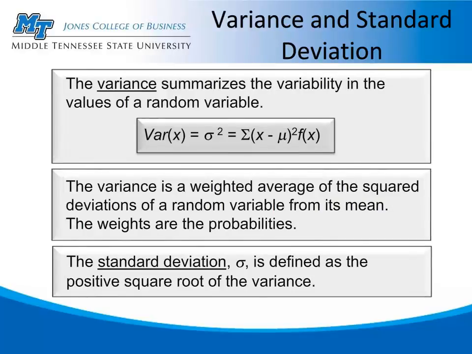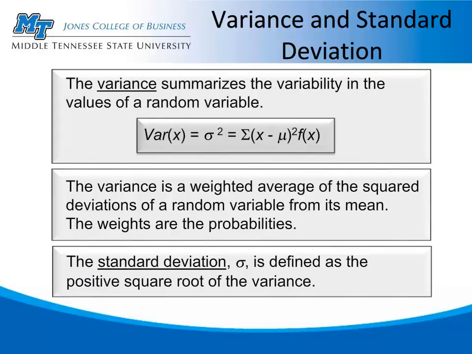Now the variance of a random variable is defined as the expected value of the squared deviation from the mean. Now I know that this formula really doesn't look like the formula for the variance of a population, but it's really the same thing.